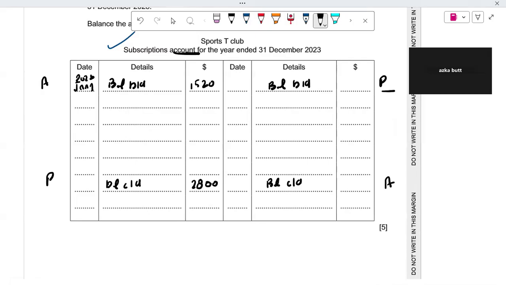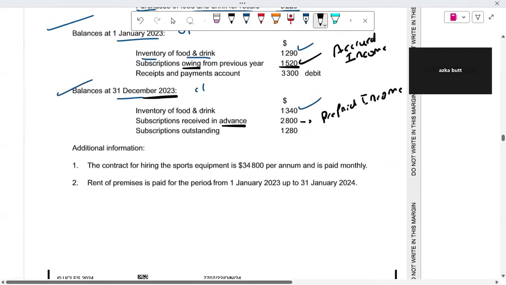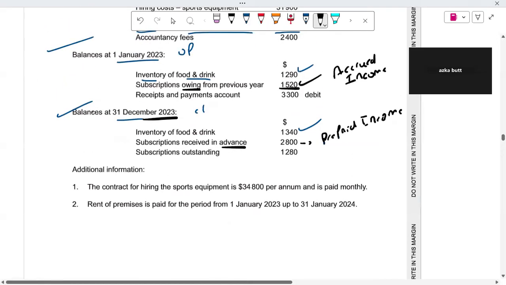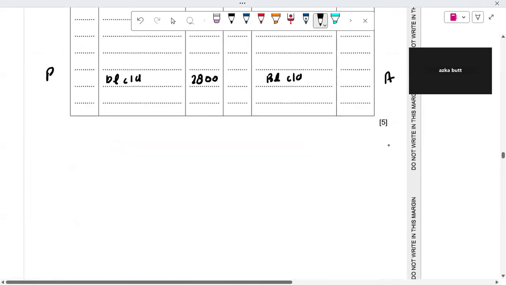And also, if you see that at the year end there is subscription outstanding, it means that this is accrued income at the year end. So we are going to write it here.